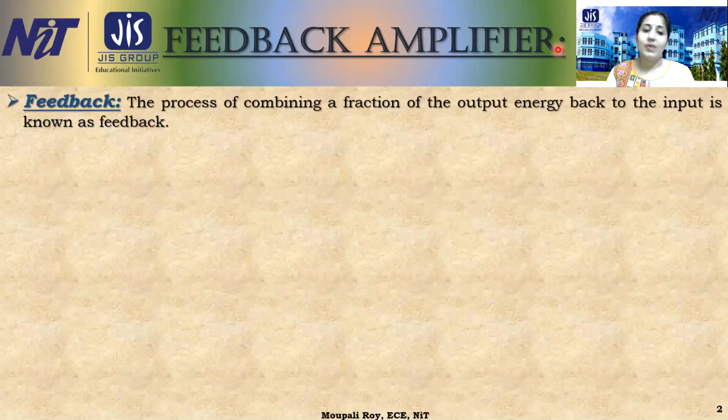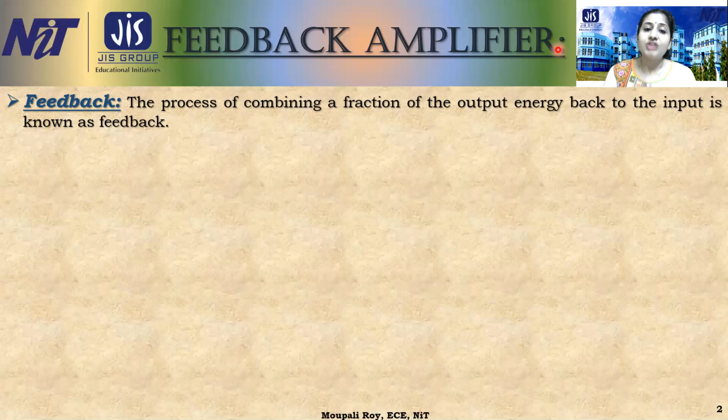So let's start. What is feedback? If we come now to the main engineering or technical term, the process of combining a fraction of the output energy back to the input is known as feedback.